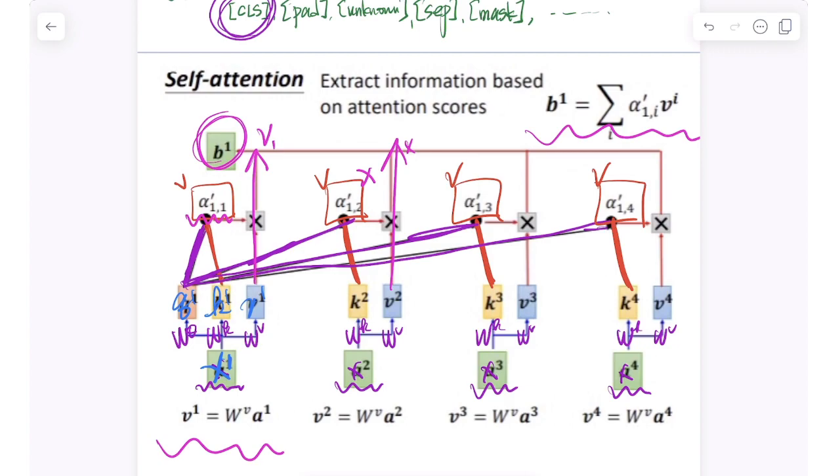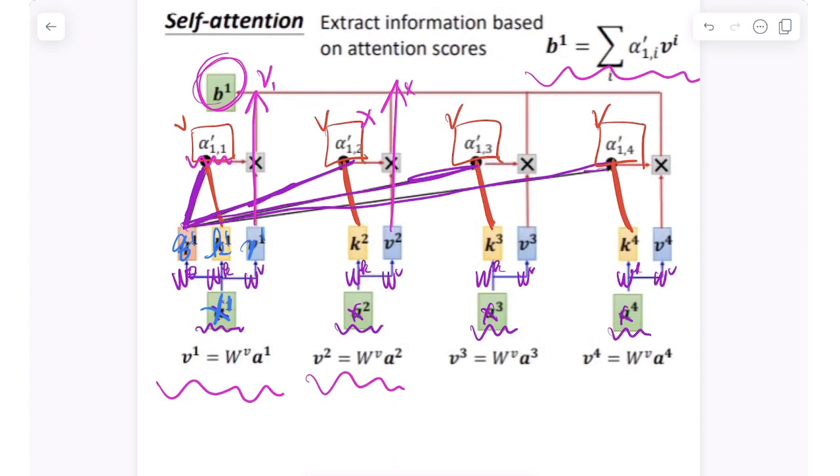And that should be a matrix, because we can use X1 as the Q, and X1, X2, X3, X4 as K. And next, we use X2 as Q, and the rest of the X as K, and so on and so forth.